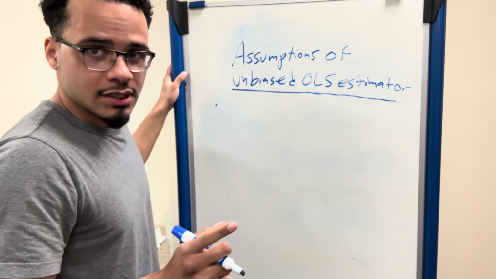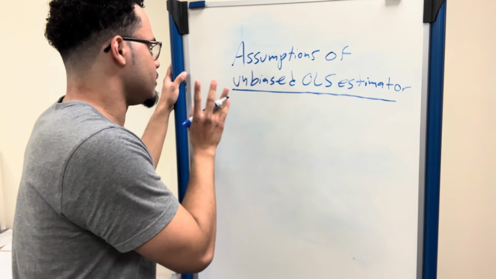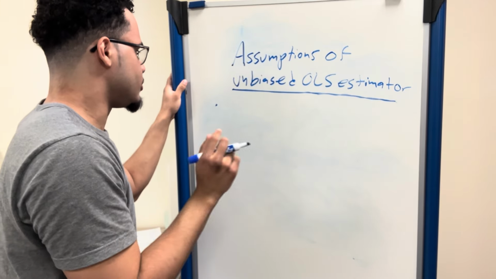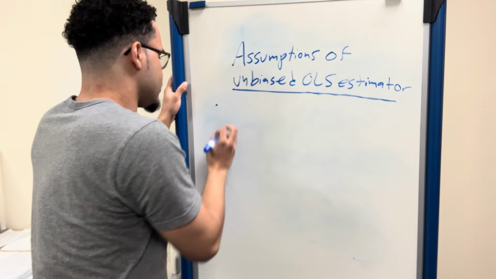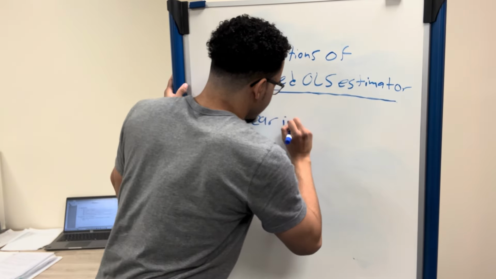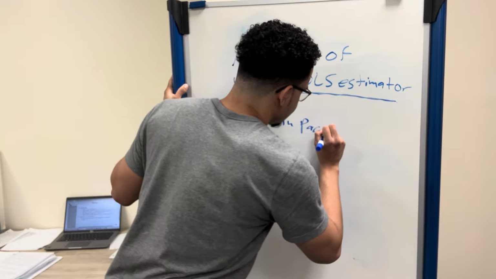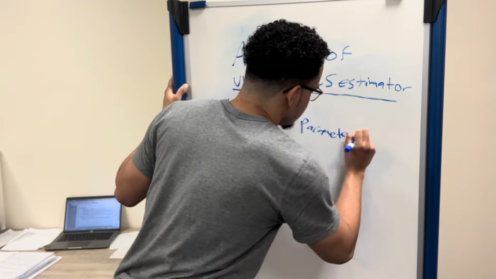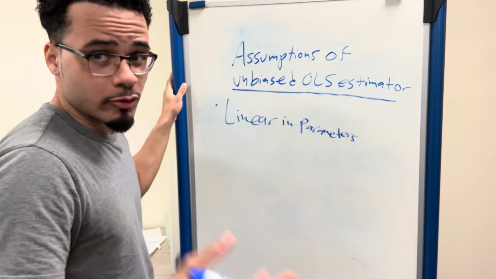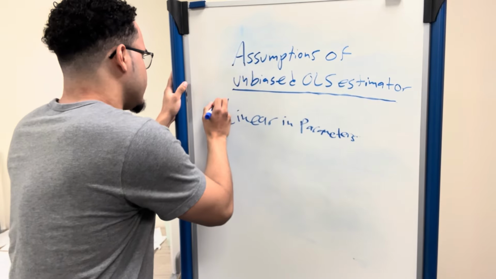So first of all, one of the most pivotal assumptions of the simple OLS regression is that it is linear in parameters. This makes it easier to measure, because remember, we want to estimate the fundamental parameters in the model.